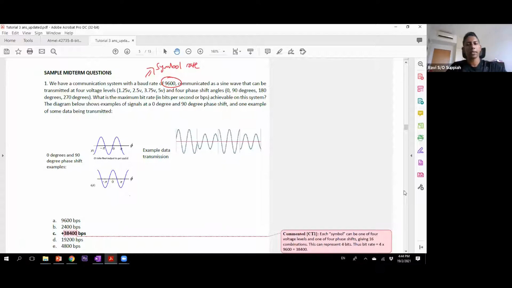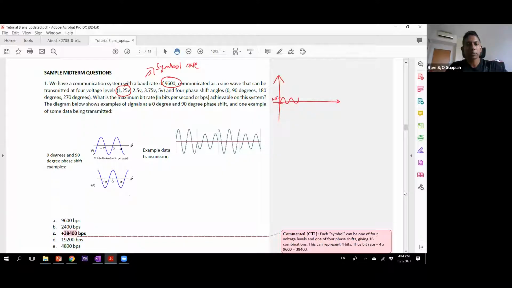Now let's just take one voltage level. If I take this one voltage level, that means I transmit my signal only within 0 to 1.25 volts.